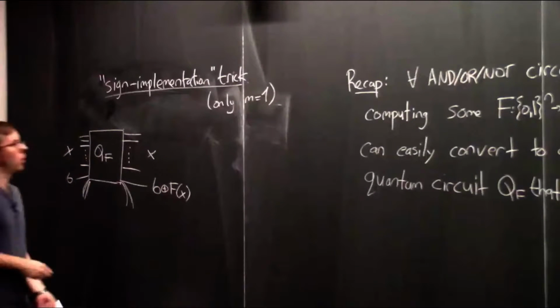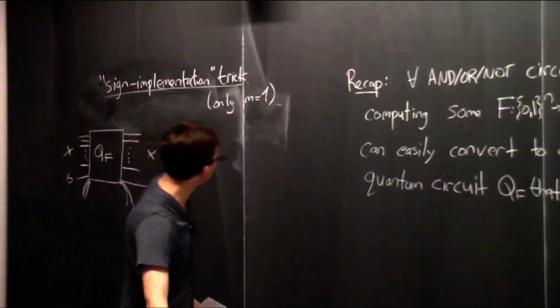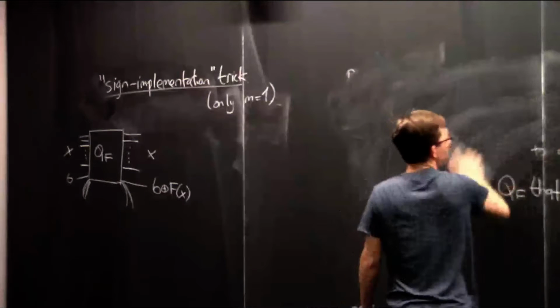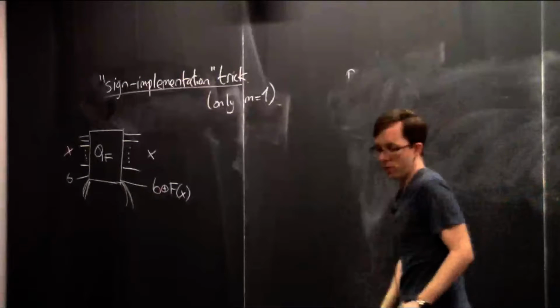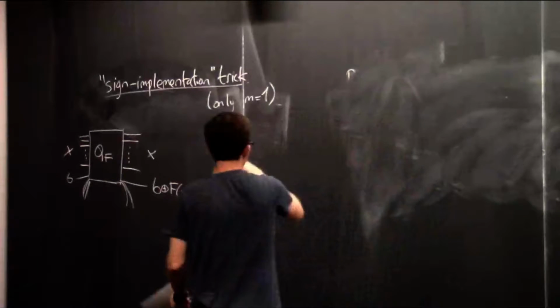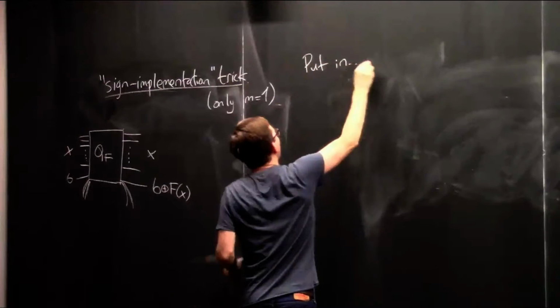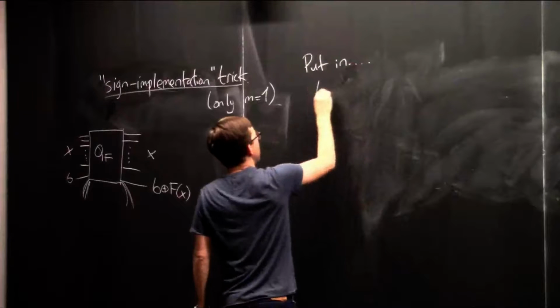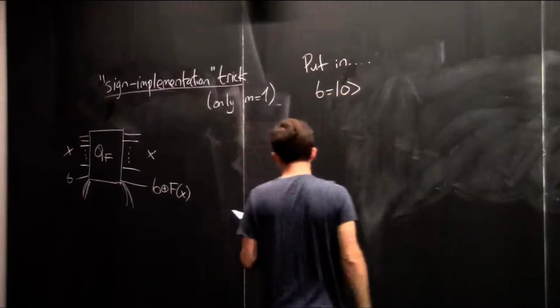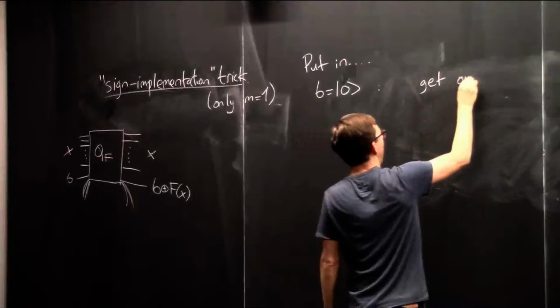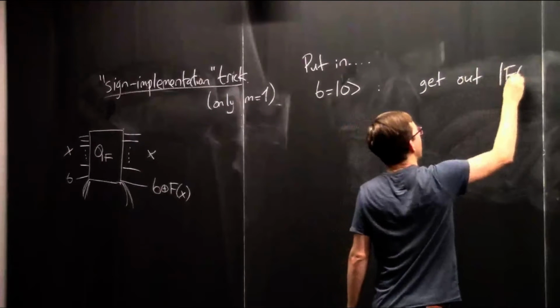OK. So let's just make a little table here. If you just want to know f of x, then you would set b to be 0. But nevertheless, let's see what happens in other cases. If you put in b to be 0, then in this particular qubit, you get out f of x.